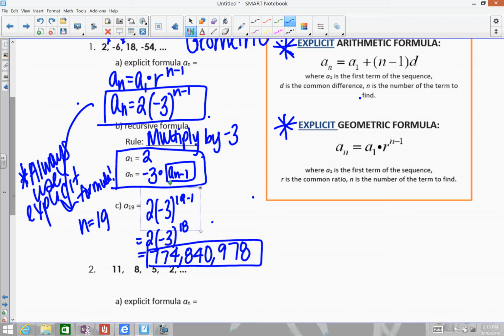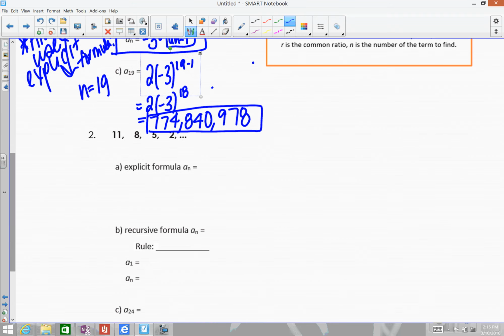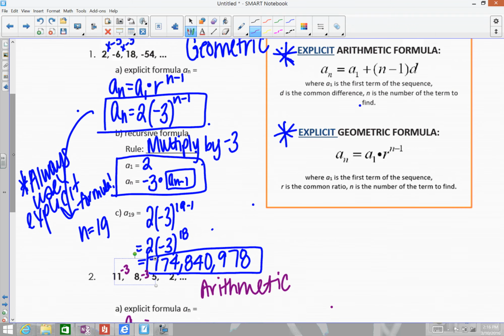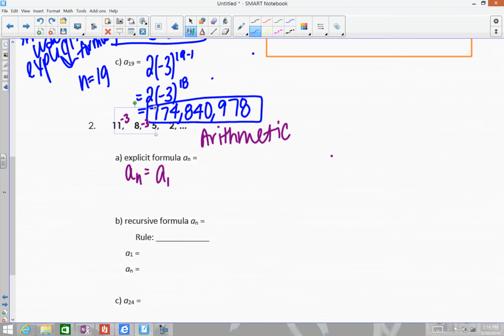Then the last one we'll look at together is example 2. The first thing you want to do is figure out your pattern. The pattern here, I'm noticing it's decreasing, so it's going to be subtracting 3. So this is going to be an arithmetic sequence. For our explicit formula, I'm doing that first, from up top here, so that's this formula right here: a1 plus n minus 1 times d. So we'll plug in. I know a1 is going to be 11 and d is going to be -3.